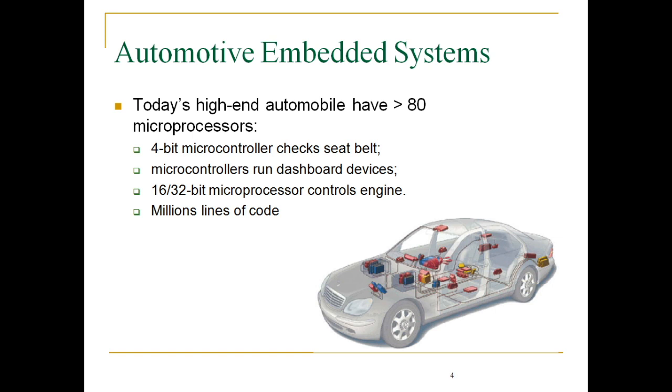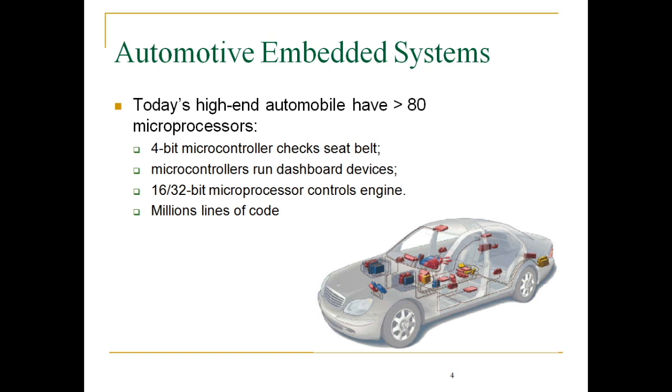Say basic microcontrollers will be used for controlling, say, the power window or the lighting system, etc. And more complex systems such as 32-bit or 16-bit microprocessors will be used for controlling, say, the engine. You will have something known as the engine management unit or engine control unit.